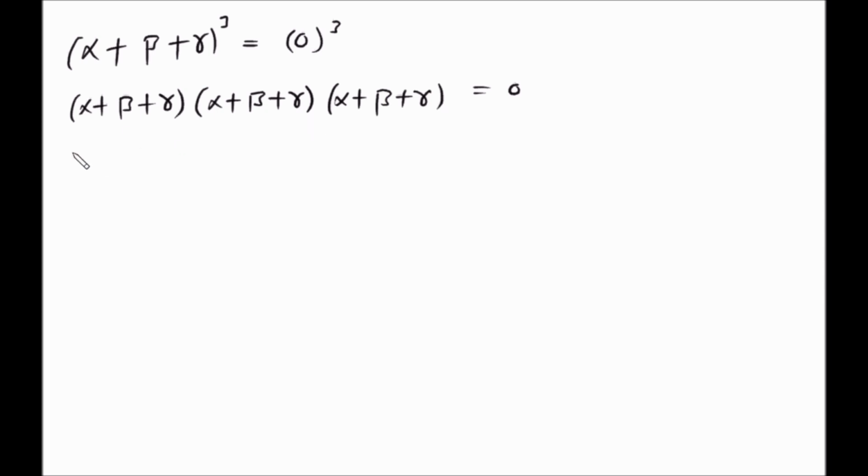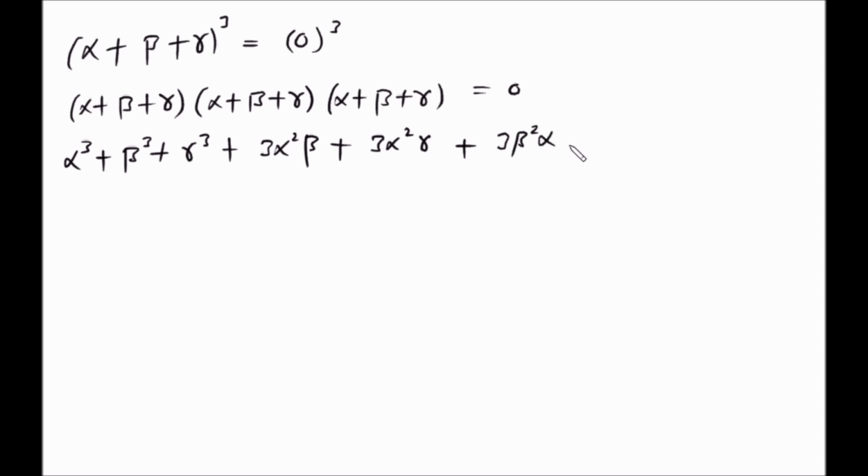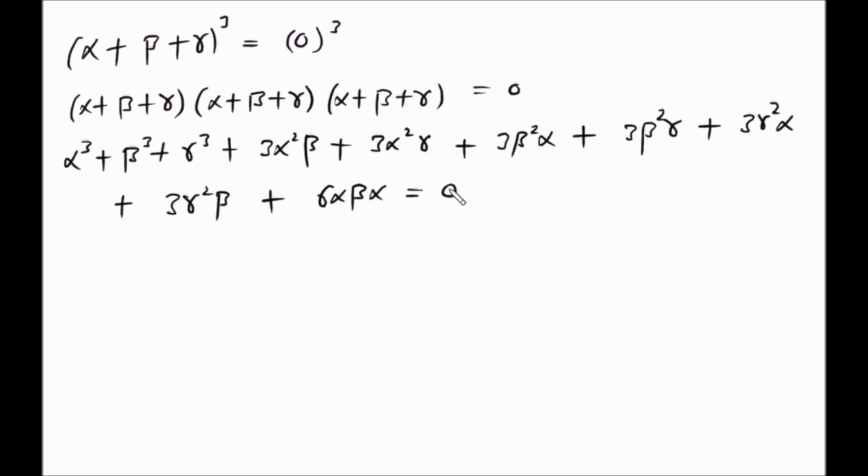So ukiexpand hii taratibu itakuwa ni alpha cube plus beta cube plus gamma cube plus 3 alpha squared beta jumlisha 3 alpha squared gamma jumlisha 3 beta squared alpha jumlisha 3 beta squared gamma jumlisha 3 gamma squared alpha jumlisha 3 gamma squared beta and finally jumlisha 6 gamma beta alpha sawa na 0.